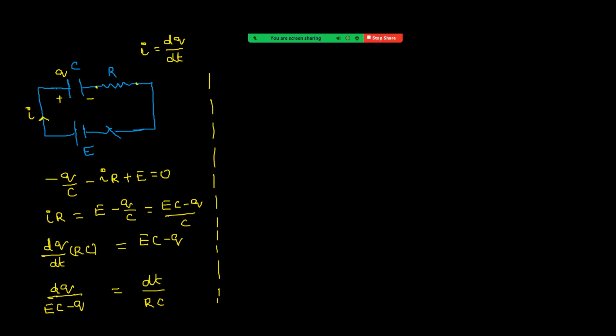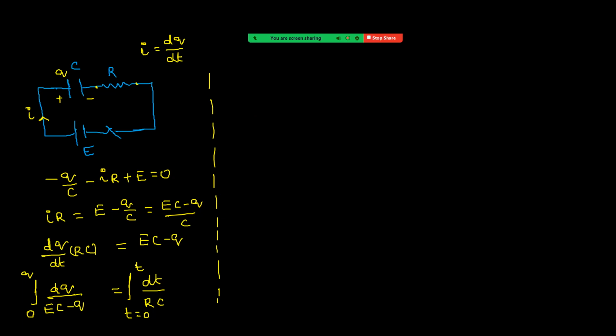Now integrate on both sides. When time t equal to 0, the charge on the capacitor is 0, and at time t the charge equals q, which we have to calculate. Then see what we get here. It is EC minus q. Here we can multiply and divide by minus 1.